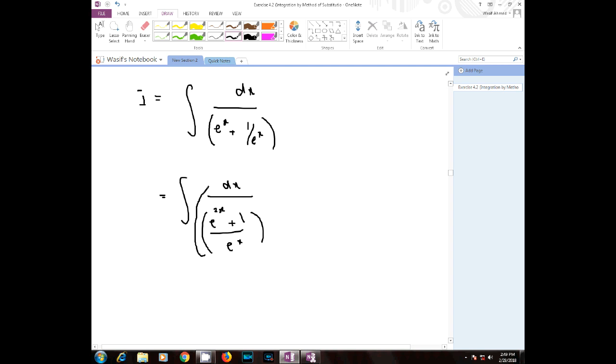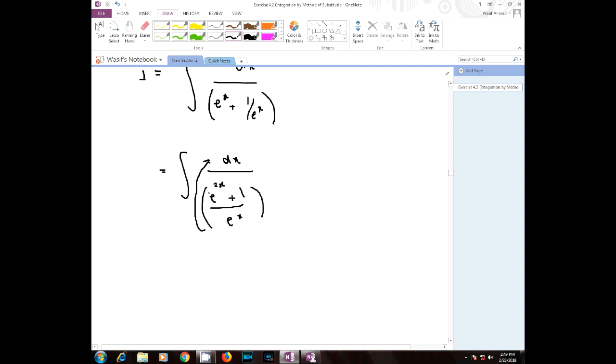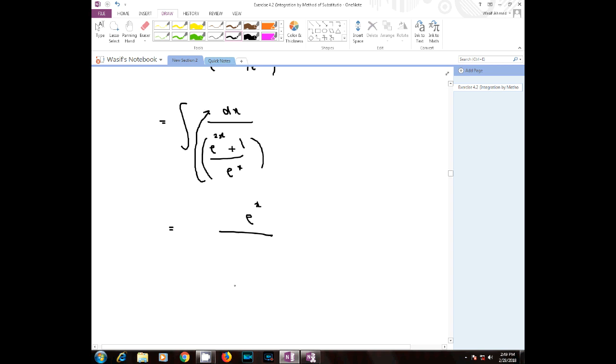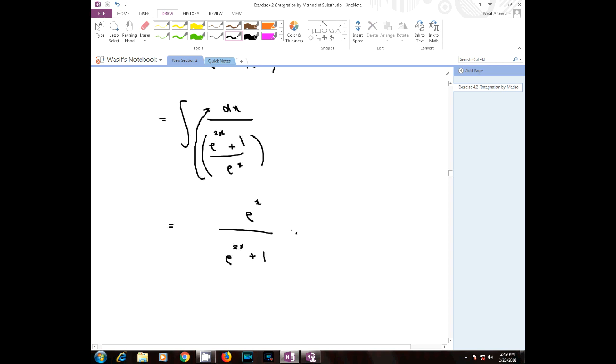Again, e raised to the power x has to be shifted to the numerator, and you have e raised to the power x divided by e raised to the power 2x plus 1 dx. This is a simple question.